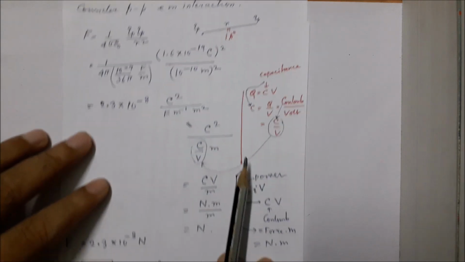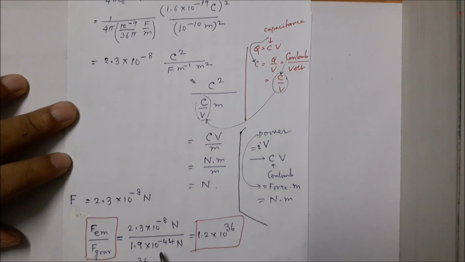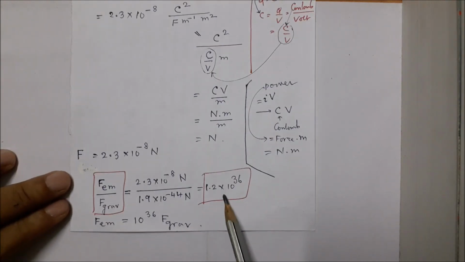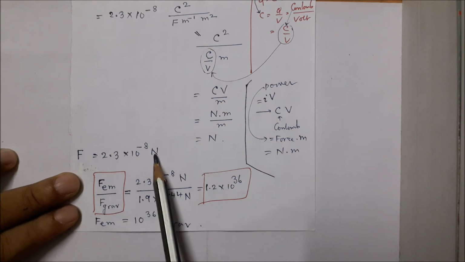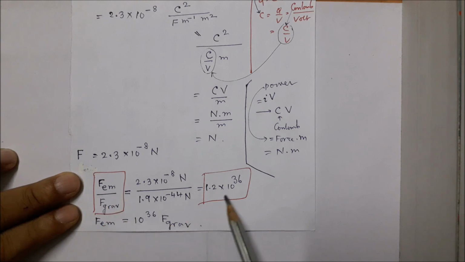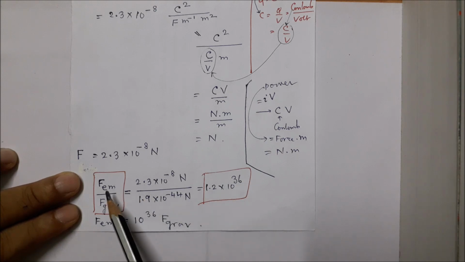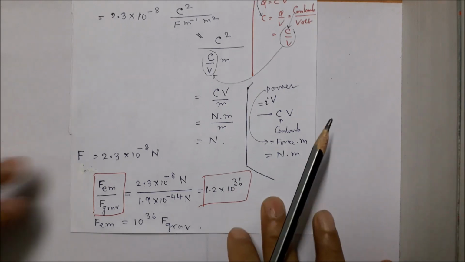When things are properly evaluated, we end up with 10 to the power minus 8 Newton. And therefore, electromagnetic force and gravitational force can be compared, and the ratio is 10 to the power 36, implying that electromagnetic force is larger than gravitational force by a factor of 10 to the power 36.